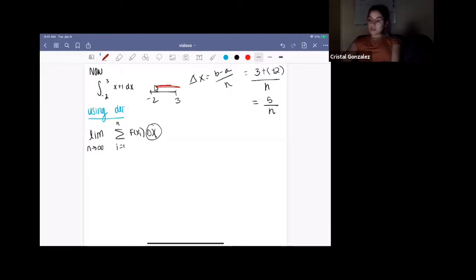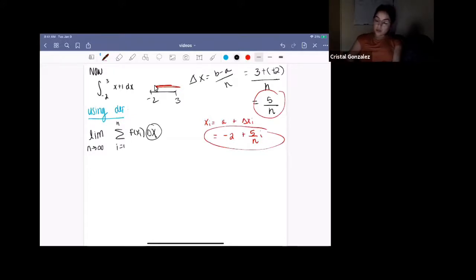Okay, so this is going to be our delta x, and now to find xi, we would do a plus delta x times i, and since we already know delta x, we'll just plug that in. Our a value is -2. Our delta x value is 5 over n times i. So this is going to be our xi value.